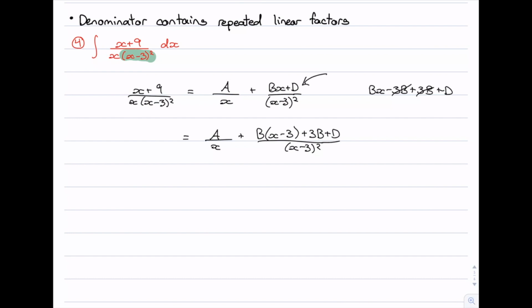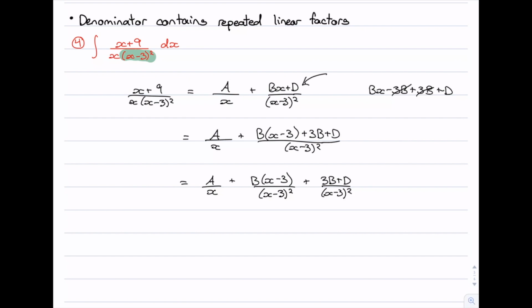The reason we write it in this form is because now we're going to split up our numerator. So we're going to actually get two fractions popping out from the second one. The first one will be b times (x - 3) over (x - 3)². And the second one will be (3b + d) over (x - 3)².